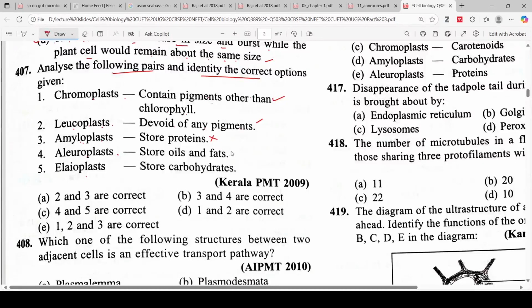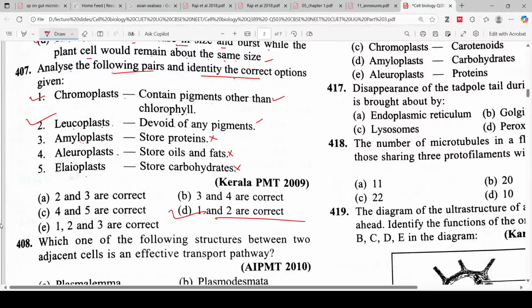Aleuroplast stores oil and fat, this is also not correct. Elaioplast, this is also not correct. So here the question asks, analyze the following pairs and identify the correct option. Here 1 and 2 are the correct matching. So the correct answer will be option D for this question.